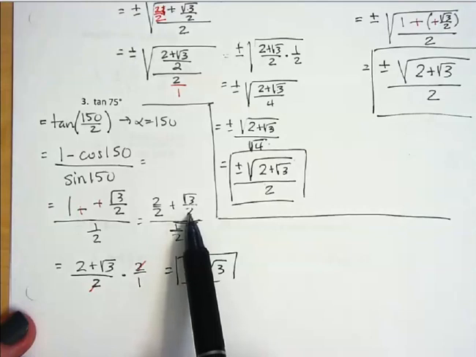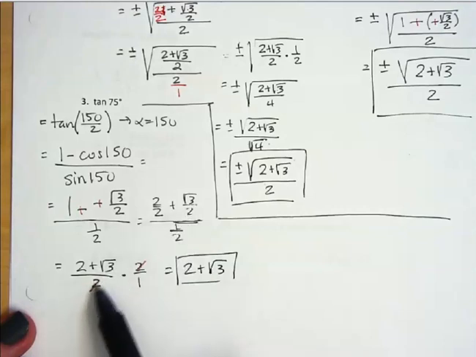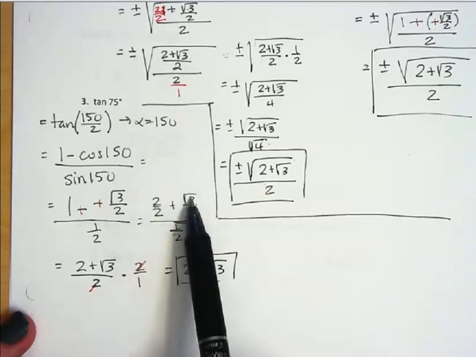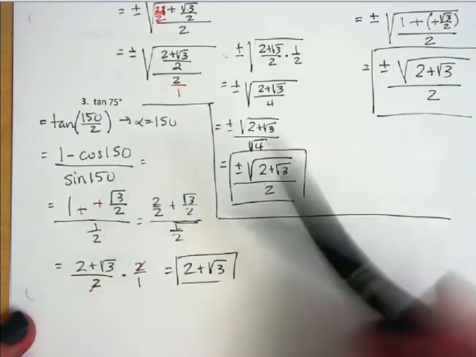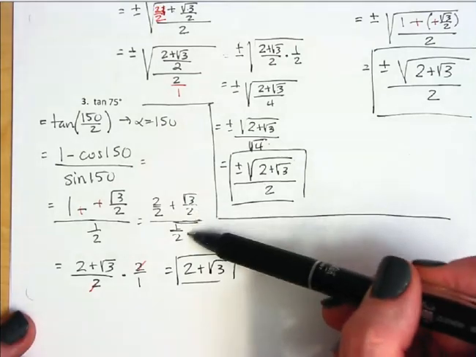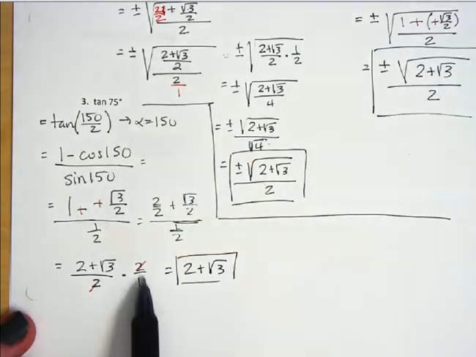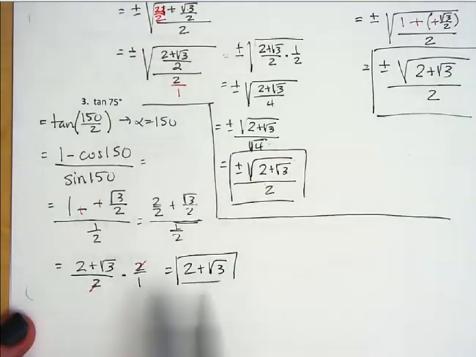Then I combined that into one fraction with the denominator of 2, and then I had 2 plus rad 3 in my numerator. Then I did keep, change, flip, so keep the top the same, change to multiply, flip the bottom, becomes 2 over 1. Those 2's cancel. I multiply across the top and bottom, and I have 2 plus rad 3.